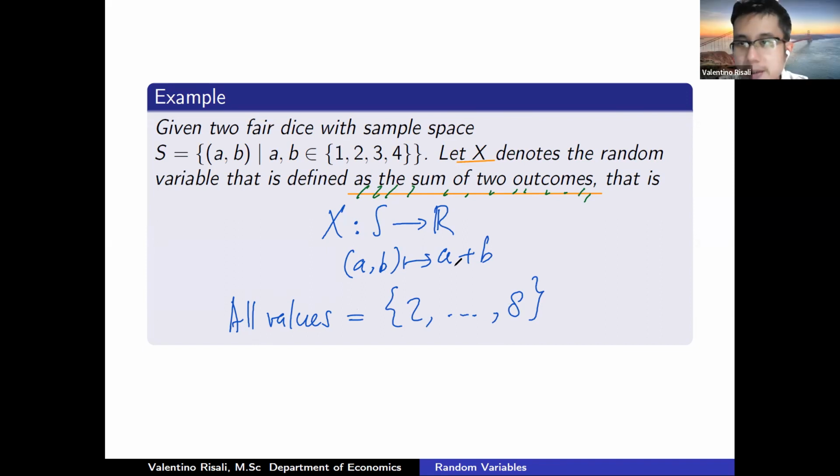All right. This is the set of all values of X, that is all possible real numbers 2 until 8, because our possible values of A plus B are only 2, 3 until 8. Okay, thank you, Said, for your answer. Is there any question from another student?